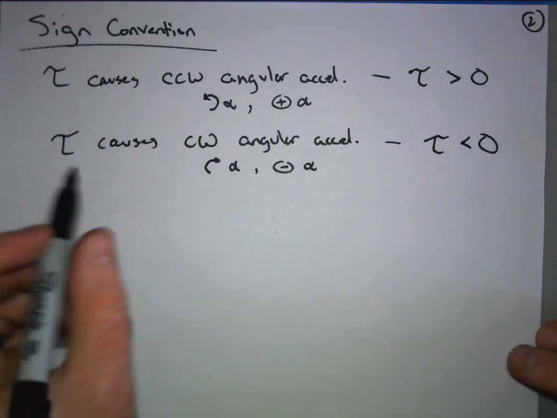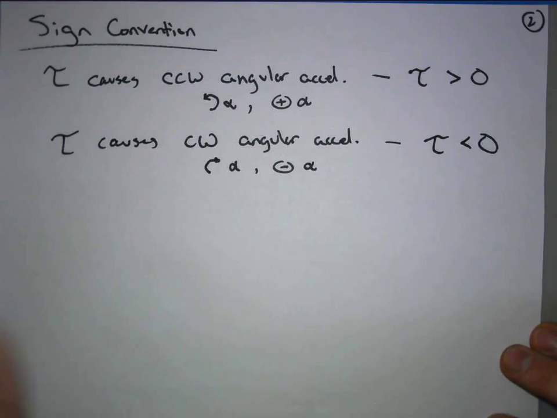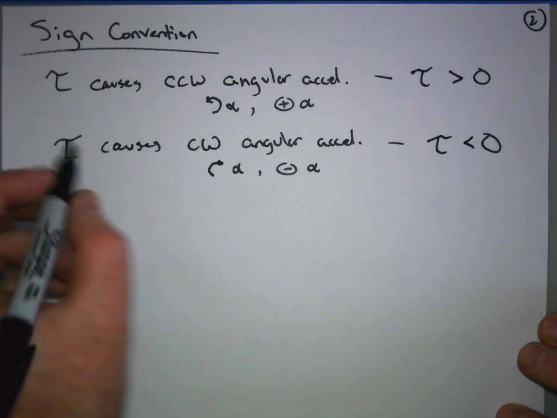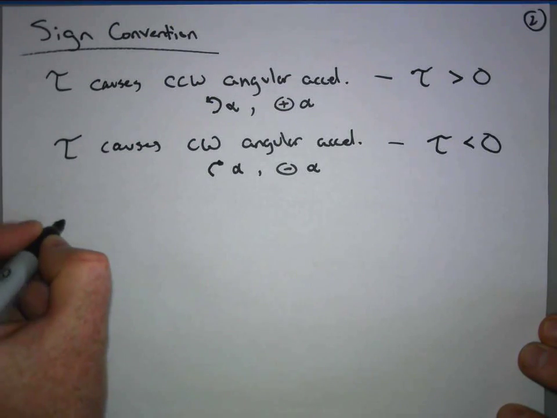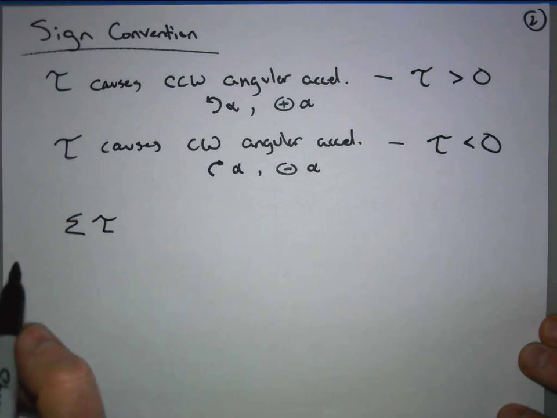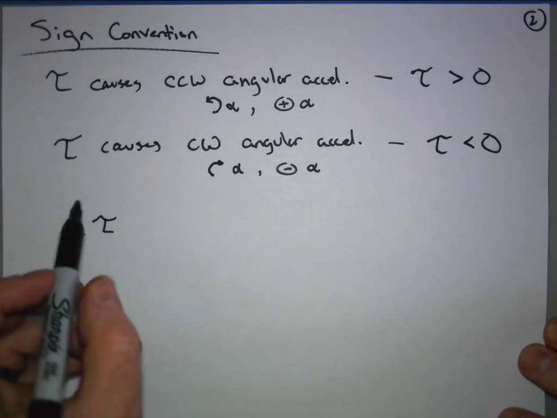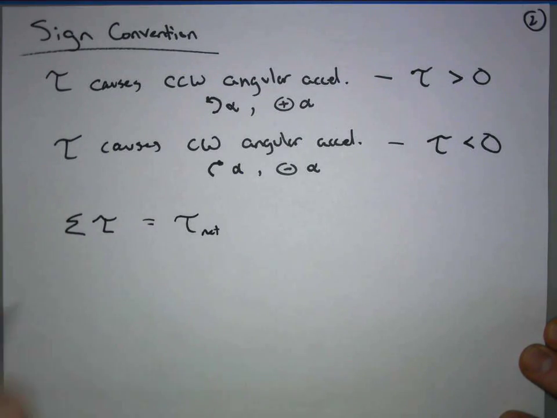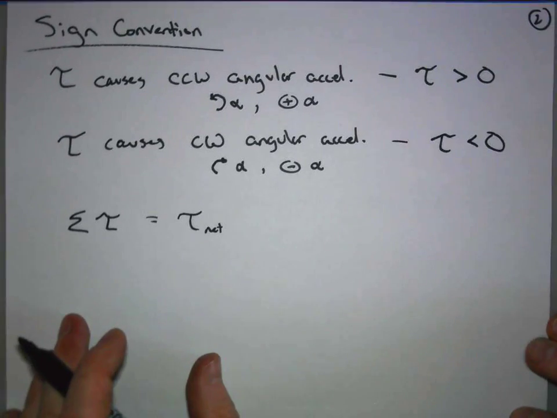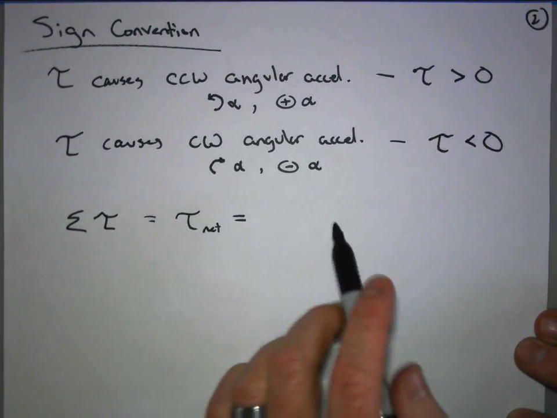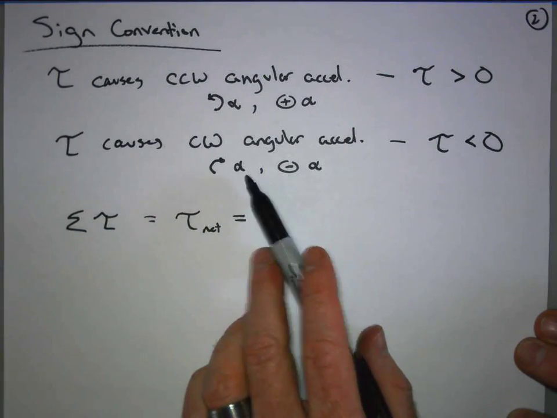Now, torque actually obeys Newton's second law, just like forces do, linear forces. So we can say that the sum of all torques acting on an object that we're dealing with, we can just call that the net torque if you want, and it's going to tend to produce an angular acceleration in the positive or negative direction.